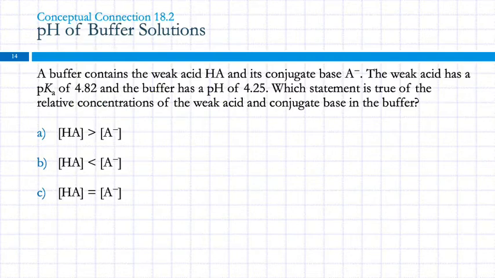And they're not. The pH is actually lower than the pKa, right? Is that more acidic or more basic? More acidic. So which do you think there's more of, the acid or the base? The acid. So there must be more acid than base.